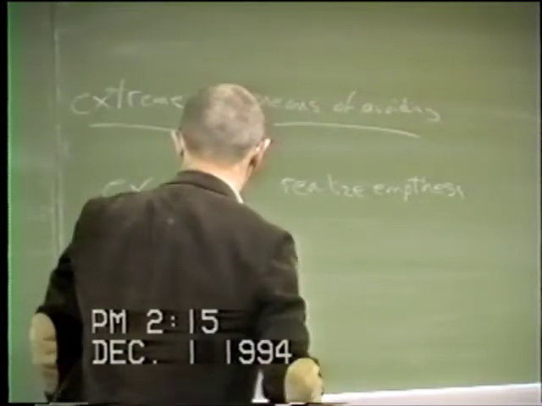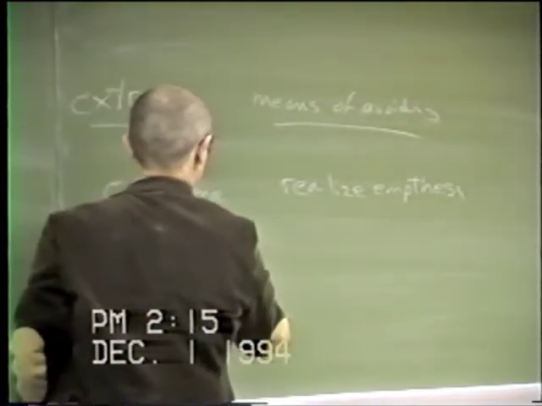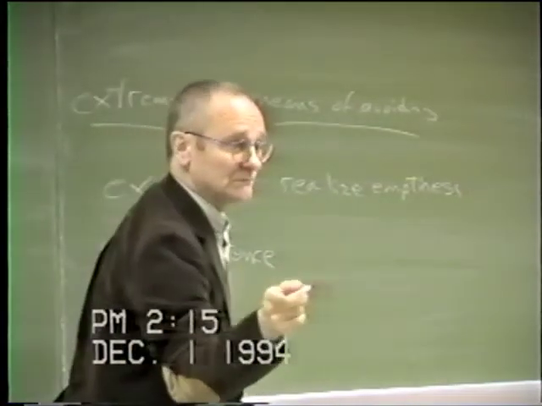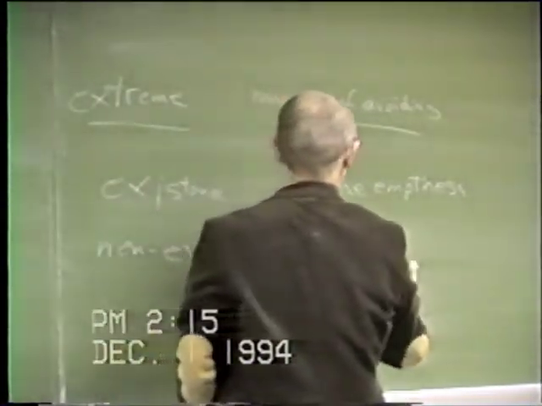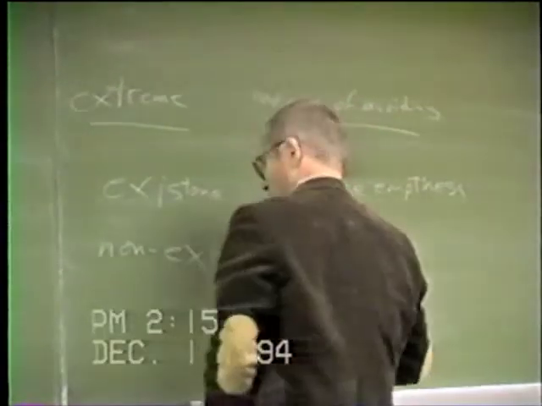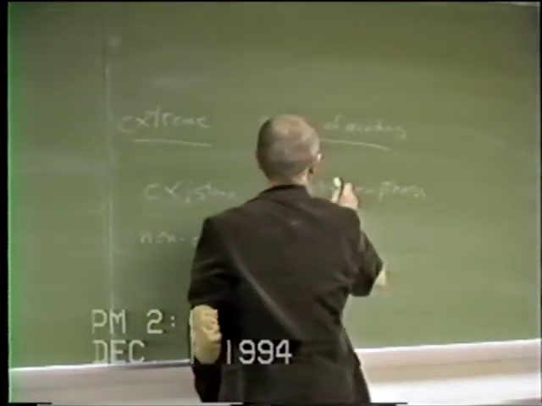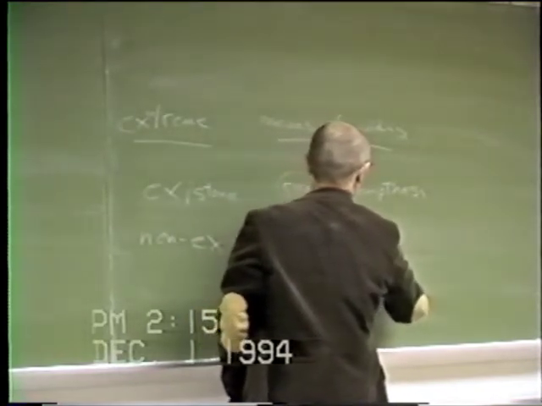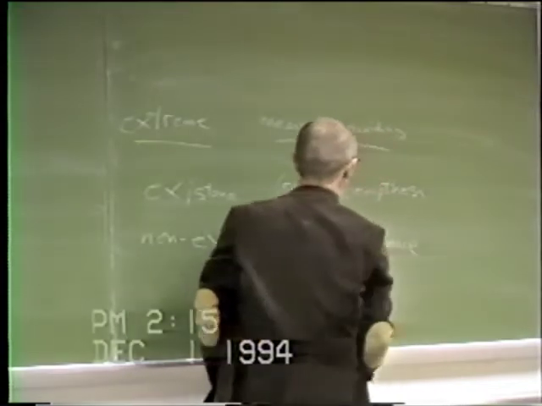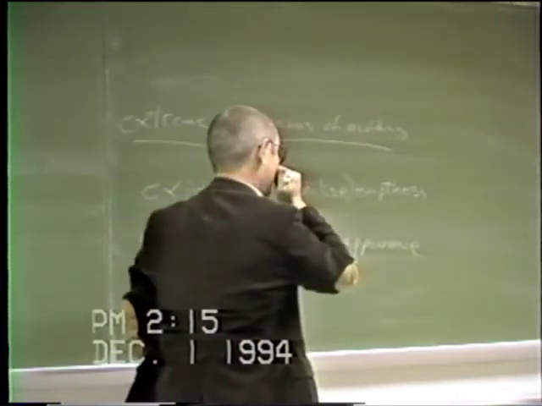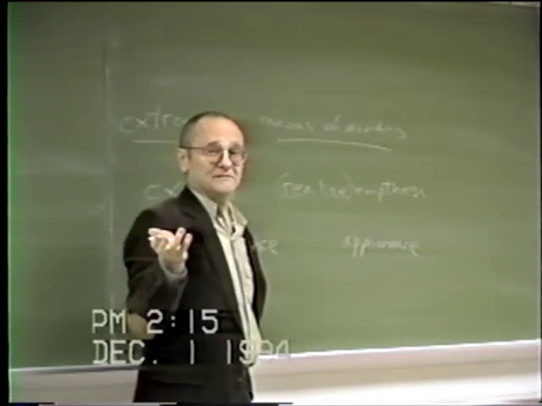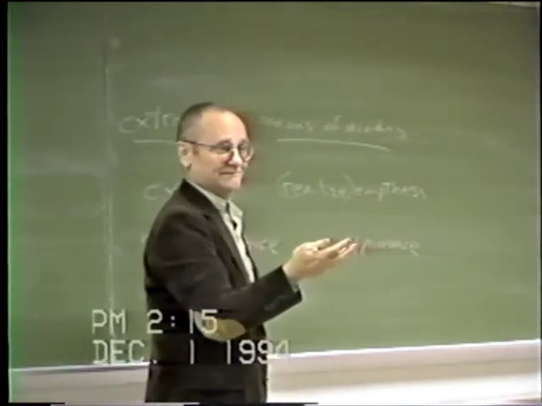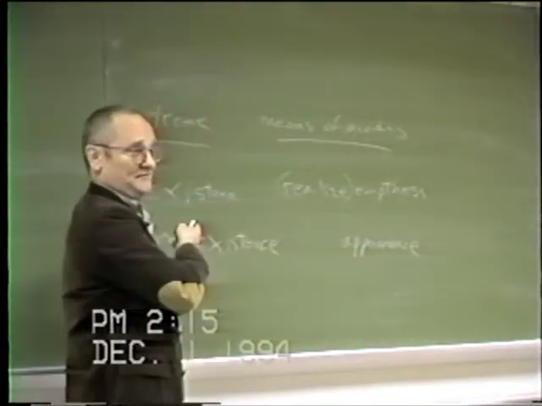Now, to avoid the extreme of non-existence, dependent arising. One way of saying it is appearance. And then what Tsongkhapa does is, if you really understand appearance well, you can avoid the extreme of existence.